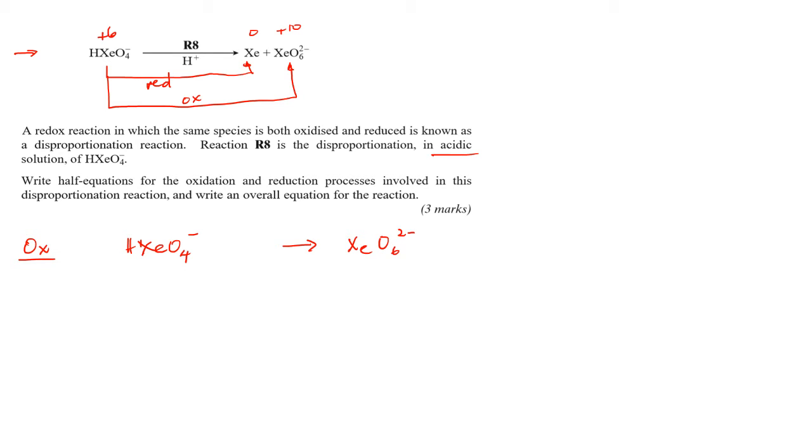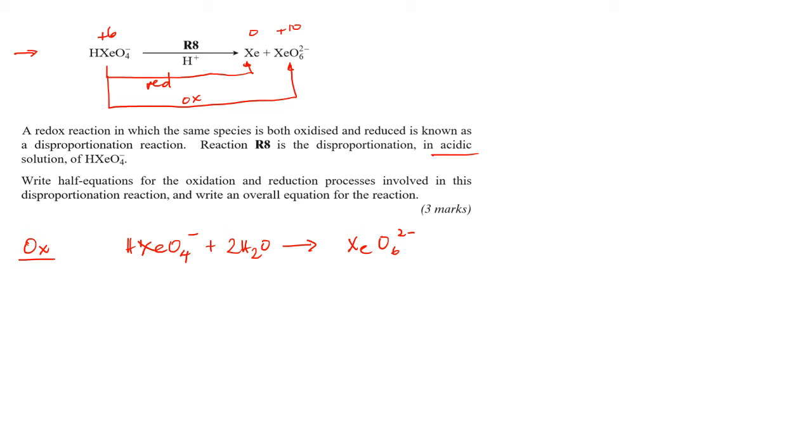We're going to go through the same steps as we did before. Xe is already balanced. So next is to balance oxygen. We do that with water molecules. So we need an extra 2 on the left-hand side, so we're going to put 2 waters on the left-hand side in that nice little space.